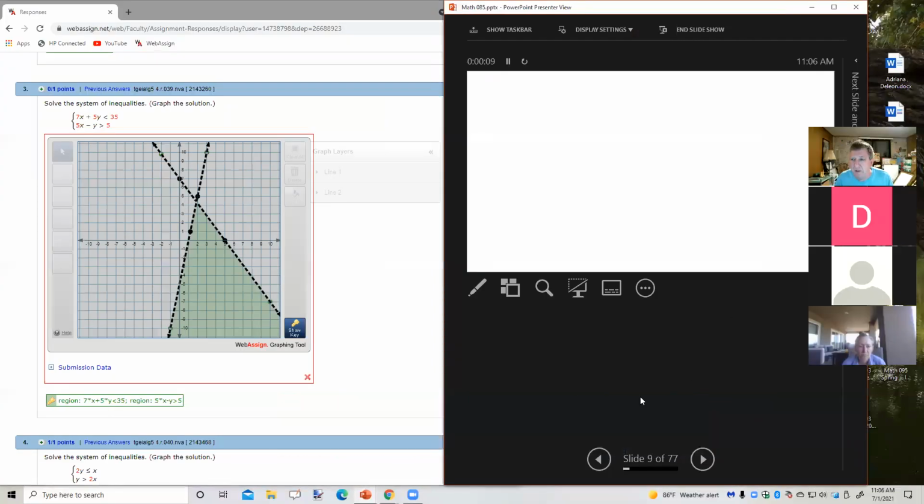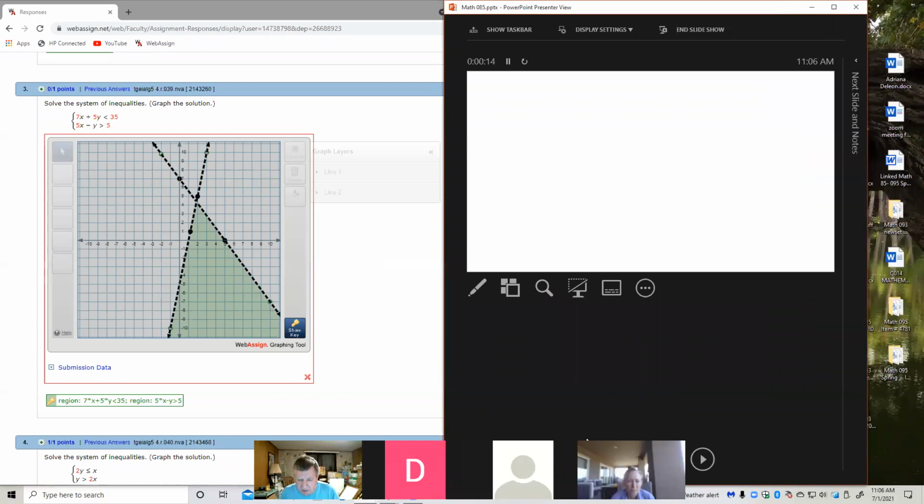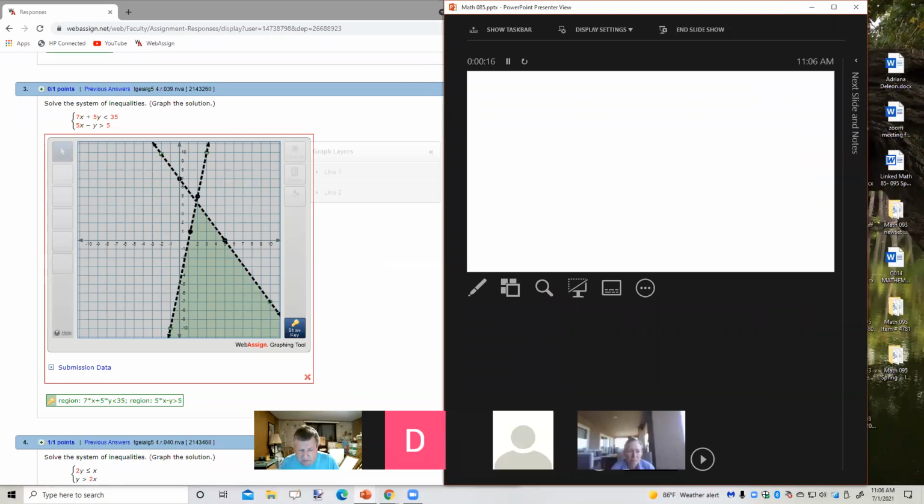So now can you see the whiteboard on the right and WebAssign on the left? Yes.